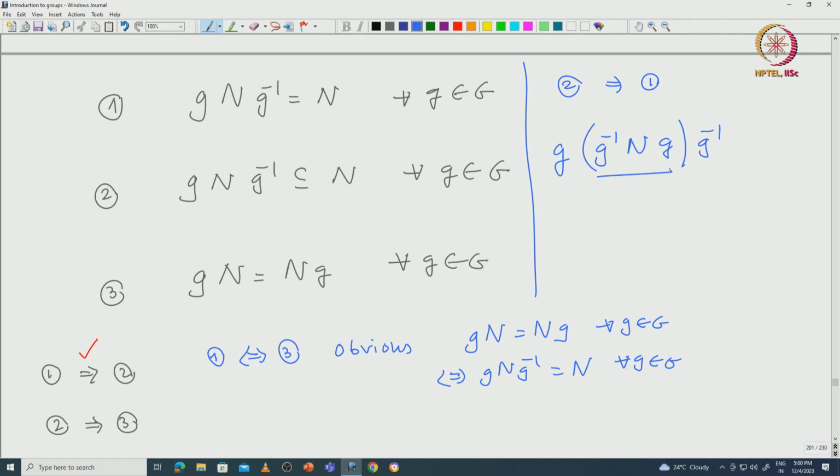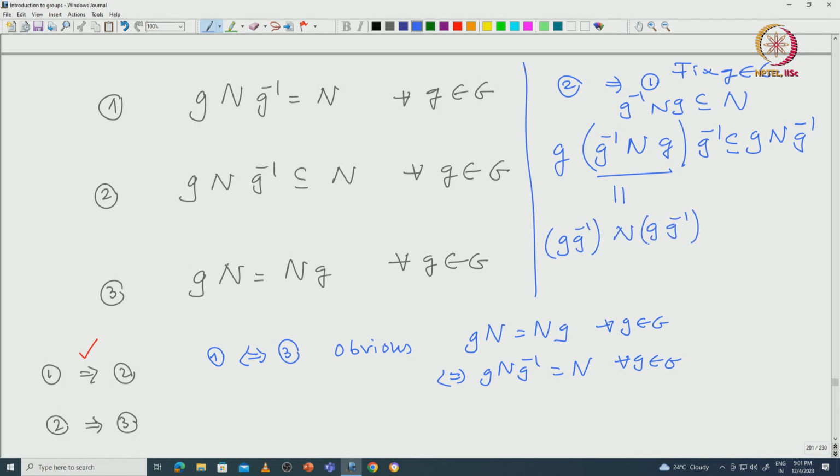Note that G inverse N G by definition is a subset of N. So again, fix G, not a problem. G inverse N G must be a subset of N. If you conjugate again by G, then G G inverse N G G inverse must be a subset of G N G inverse. But note that this is exactly equal to G G inverse N G G inverse.